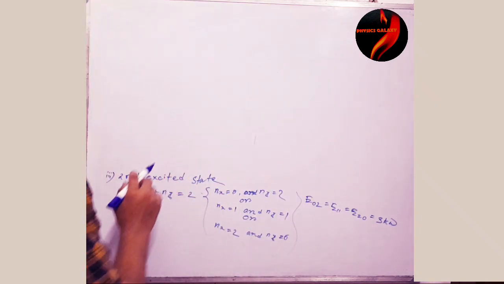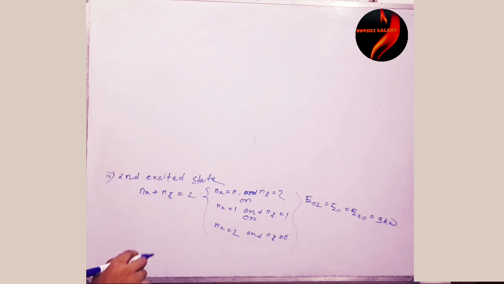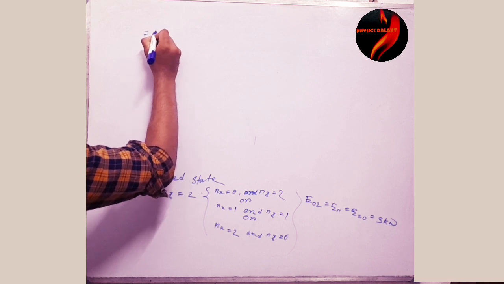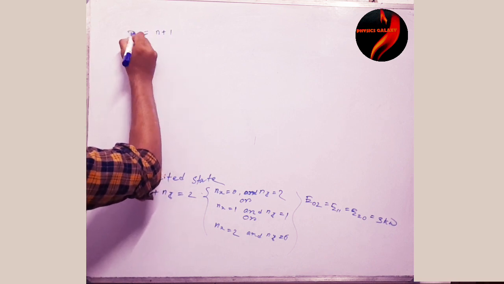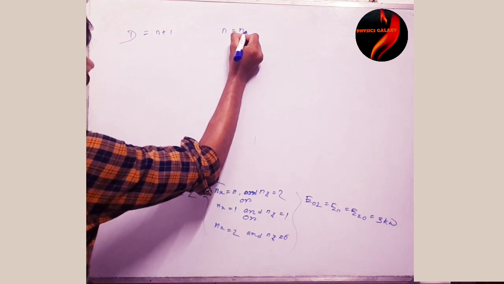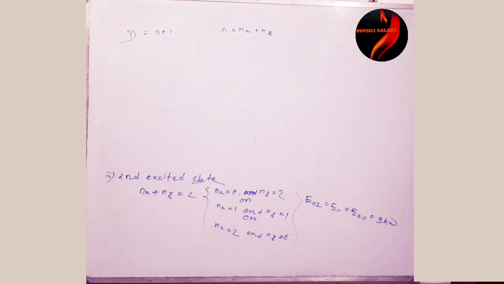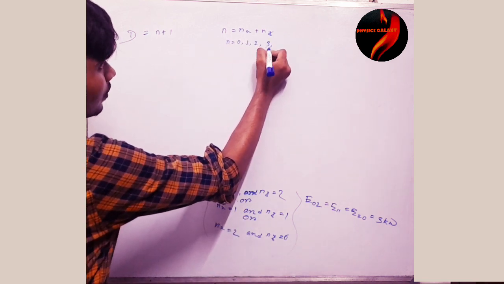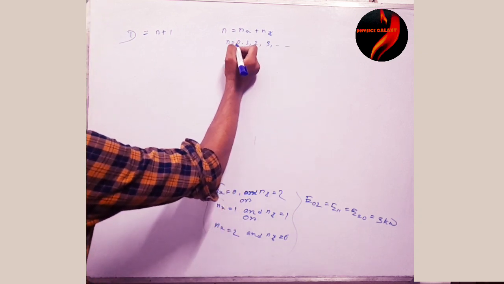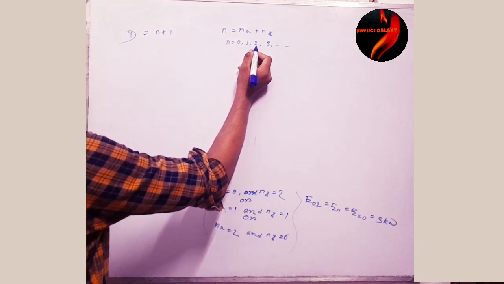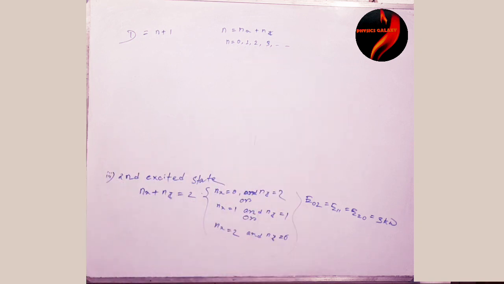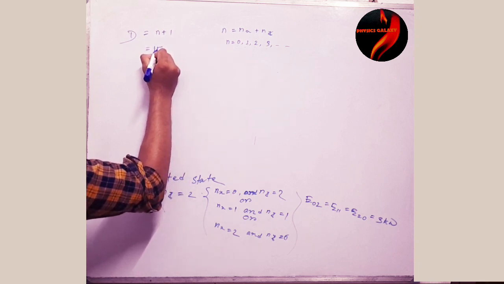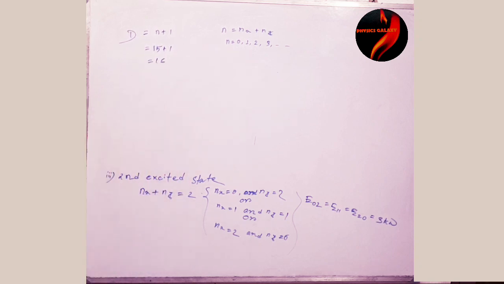We know that for the two-dimensional case, the degeneracy for the simple harmonic oscillator for the nth state should be equal to n plus 1, where n is nx plus ny, and it starts from n equals 0, 1, 2, 3. Here n equals 0 represents the ground state, n equals 1 is the first excited state, second excited state, third excited state, and so on. So for the 15th excited state, n equals 15, so the degeneracy should be 16.